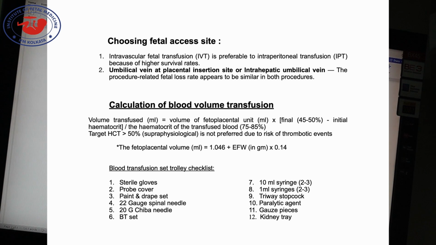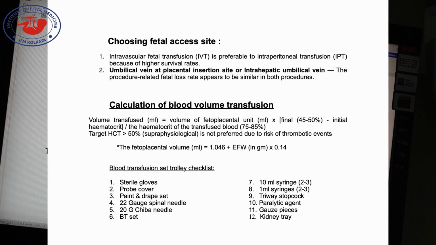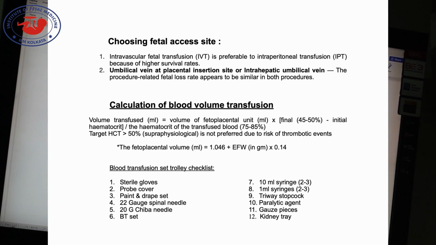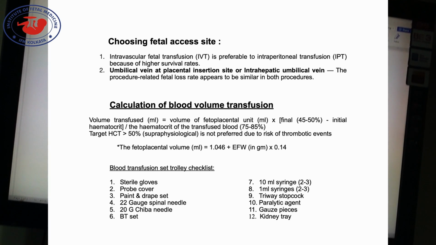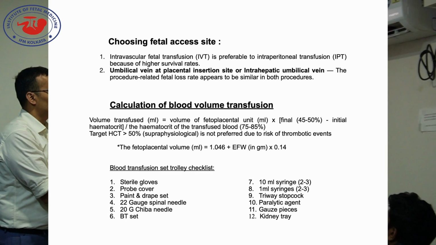But most people are not giving a paralytic agent, because if you give it to the fetus and it goes into an unfavorable position, it is difficult to do. Suppose the baby is facing up and I give a paralytic agent and it turns down, then my access is gone. So better not to give it.